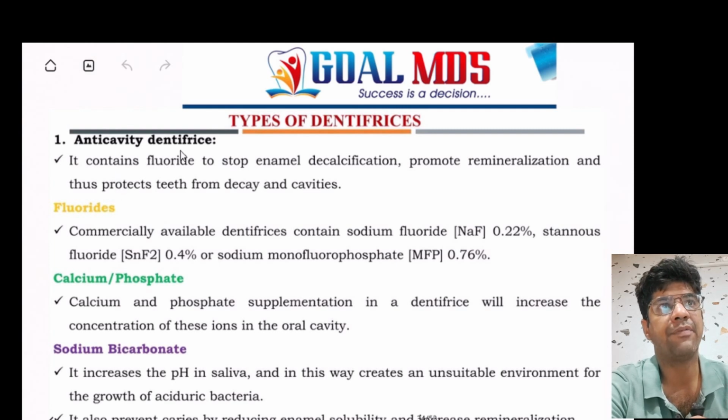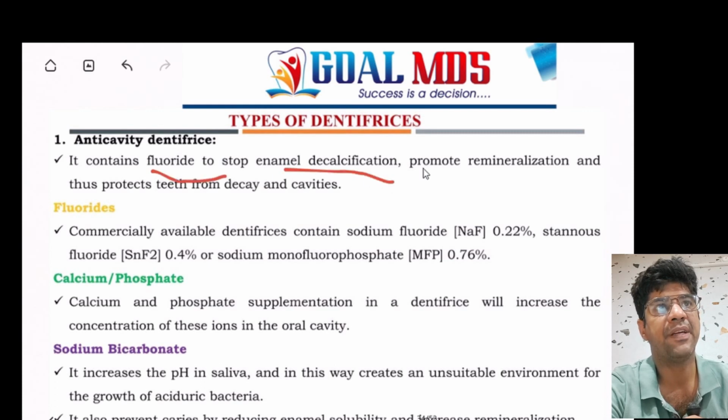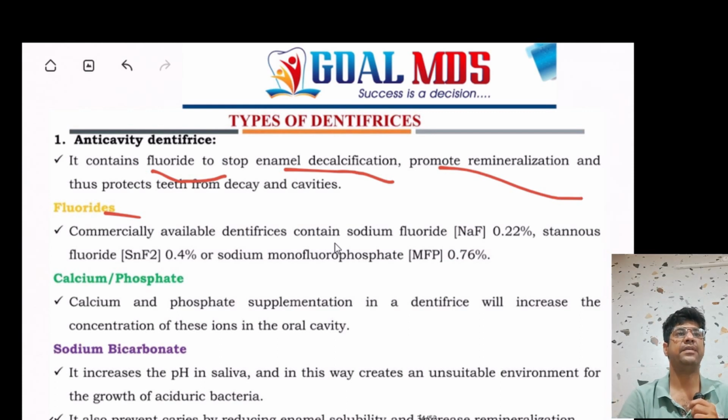Now, various types of dentifrices have been used. Anti-cavity dentifrices contain fluoride to stop the enamel decalcification and promote remineralization. Fluorides that have been added include sodium fluoride, stannous fluoride. Calcium phosphate will increase the concentration of these ions in the oral cavity.